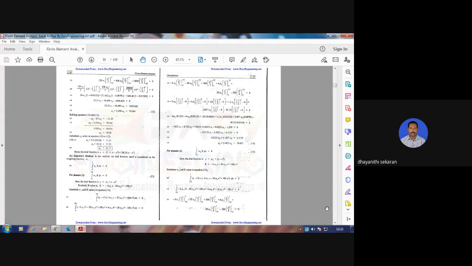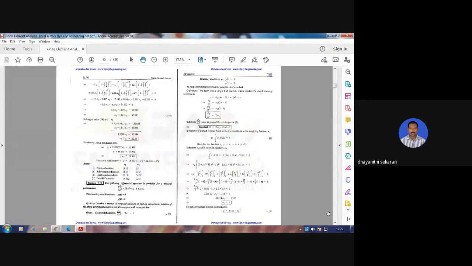For domain 2, the integral from 1/2 to 1 of W2 R dx. Here the weighting function W2 is x minus x power 5. R is minus 6a1x minus 20a2x cube plus 500x squared. So solving this, for domain 2 we are getting a1 plus 1.843 a2 equal to 61.035.